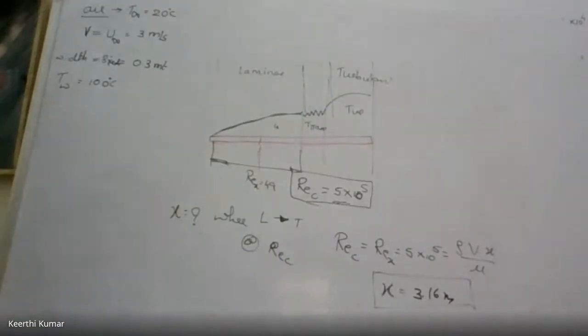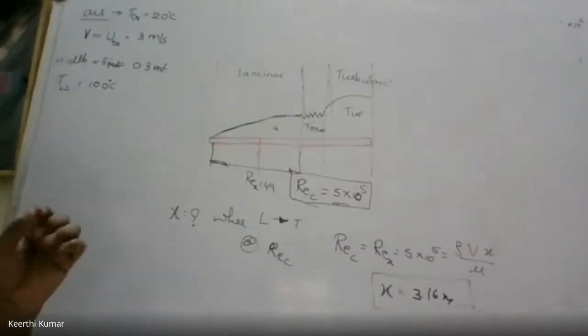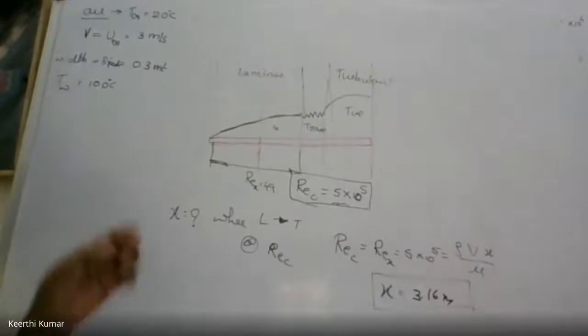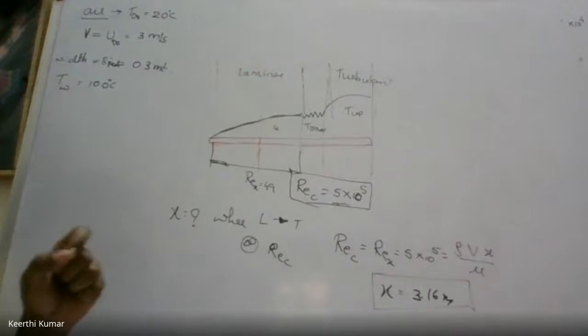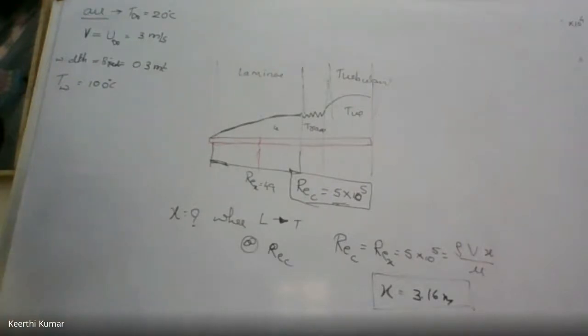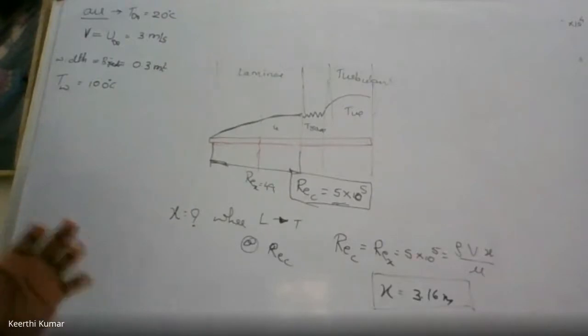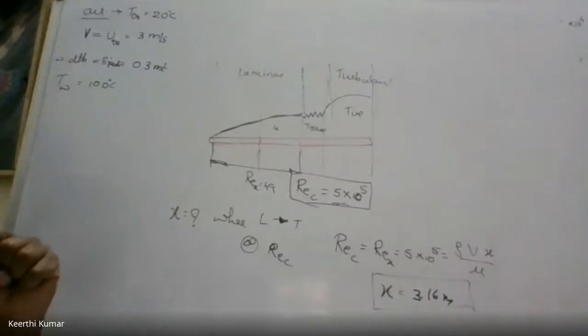Now I'll ask one question. If you're asked to find out all the properties, whatever we did now, at a distance of x equal to 4 meters, then what will happen? Can you tell? If he asks x equal to 4 meters, find the property, then what will be the formula?